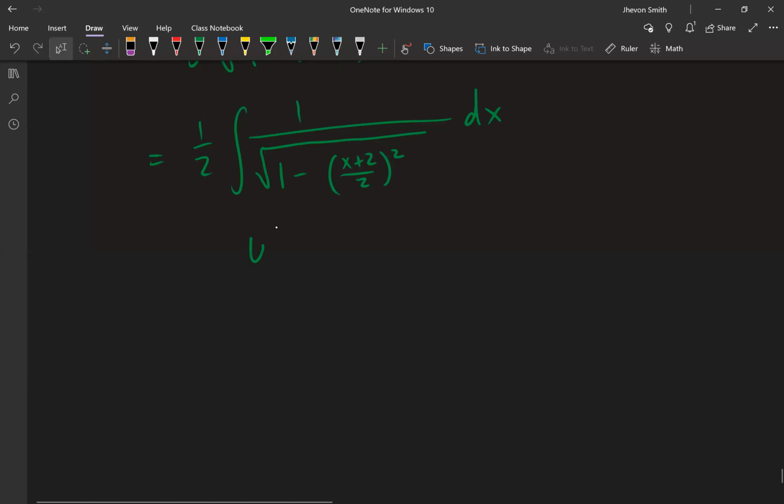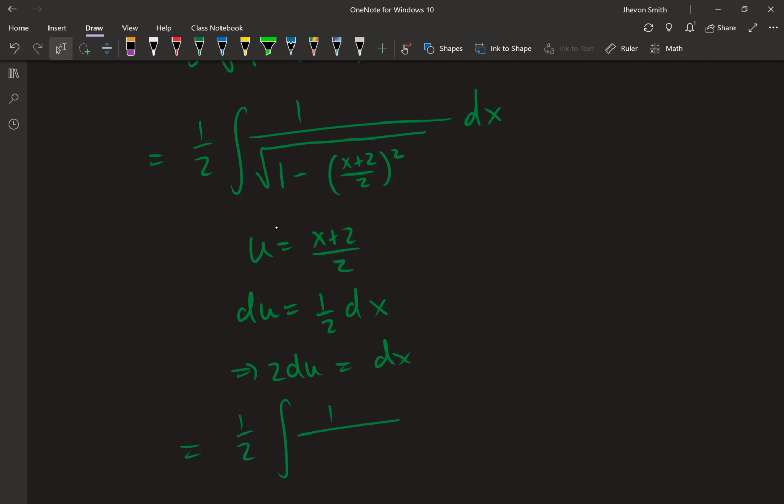Then you could do a substitution, u equals x plus 2 all over 2. Your du is going to be 1/2 dx, which means 2 du is going to be your dx. So you go back and plug that in. You have 1/2 times the integral of 1 over the radical 1 minus u squared times 2 du.